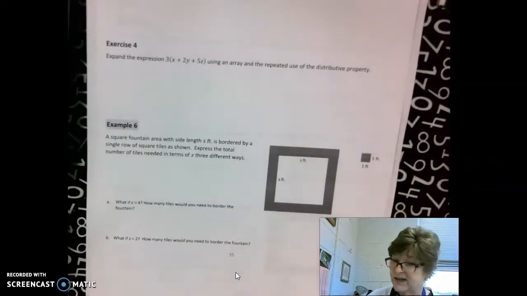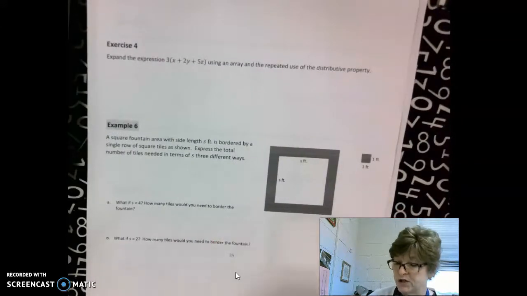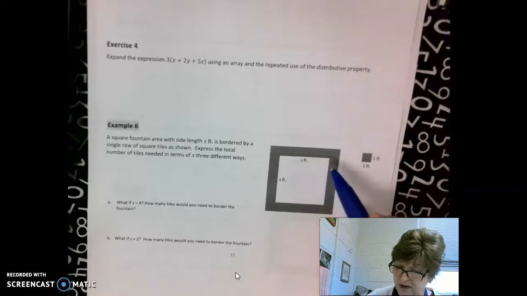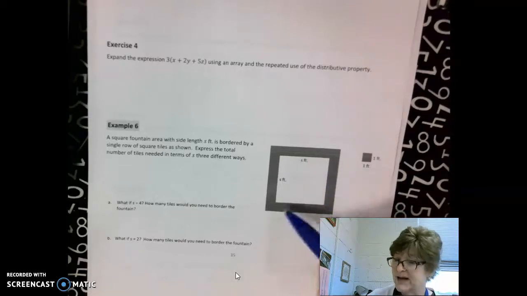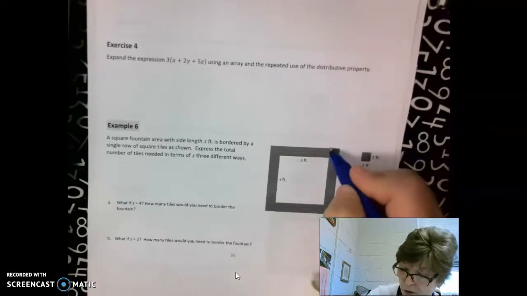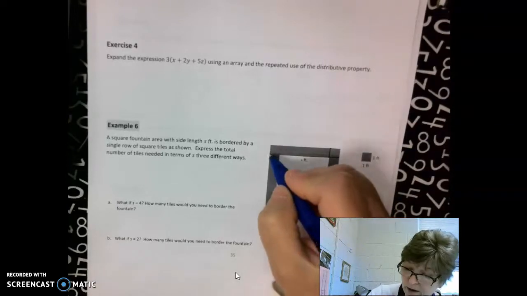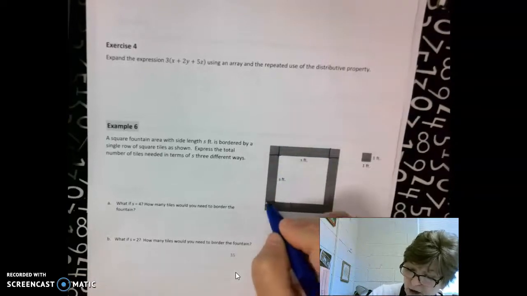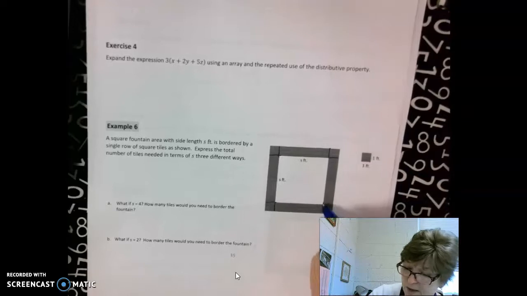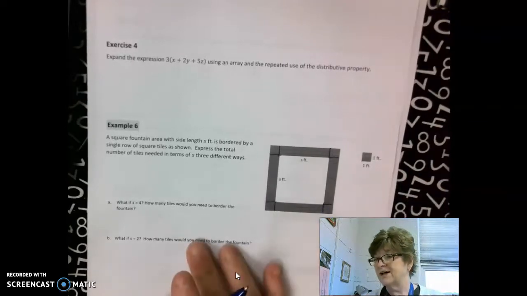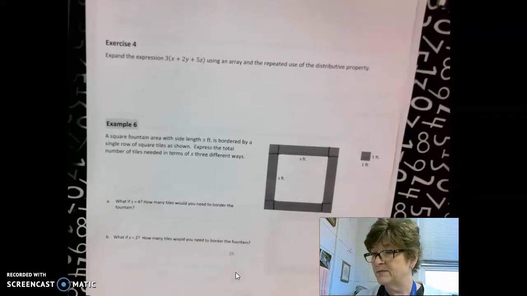So now finally we're going to take a look at this last section here, and I want you to notice that we're trying to figure out how many tiles it would take to make a border of this fountain. Take a note here that these corner pieces are not part of the sides, so those are an extra piece.